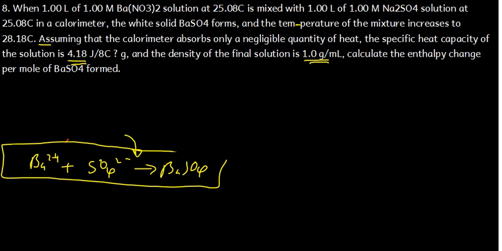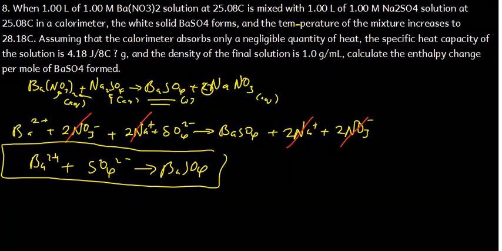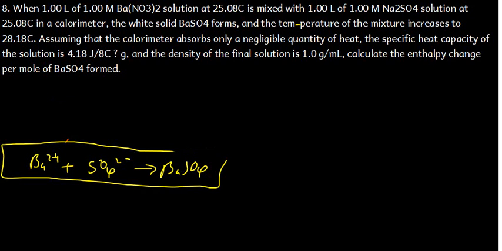Now I want to calculate the enthalpy change per mole of barium sulfate. So this is the enthalpy of formation, because we are forming barium sulfate. Or we can also call it the enthalpy of precipitation, because we are forming a precipitate.